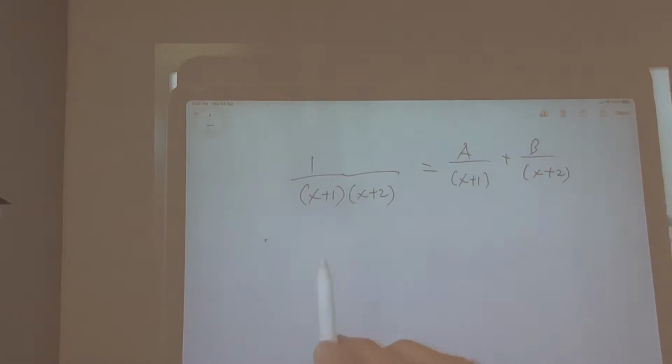If I got 1 over x squared plus 1 times x plus 2, it will become ax plus b divided by x squared plus 1, plus c divided by x plus 2. Whenever the bottom is power of 2, your top should have an x. If you refer back to your notes, this is one of the examples that you will definitely see.